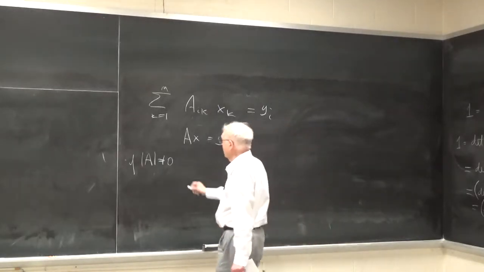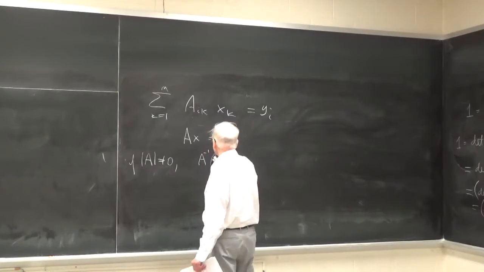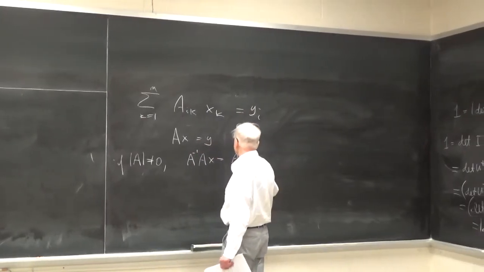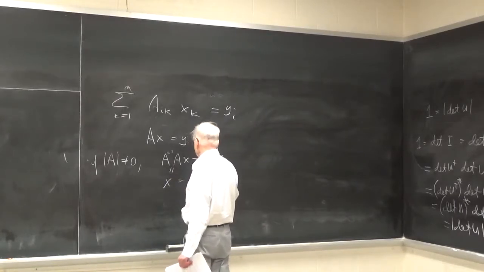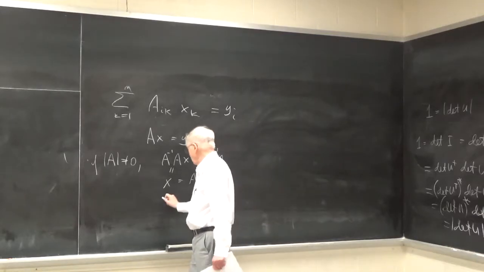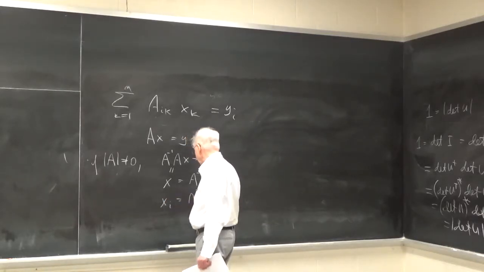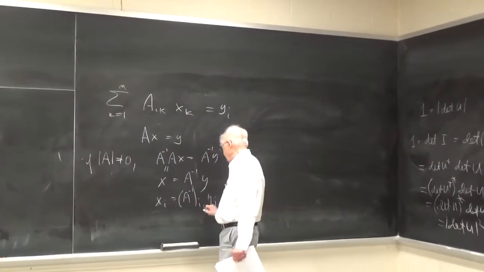Then you multiply by the inverse, and you get A inverse A x equals A inverse y, but this is just x, so the solution is x equals A inverse y, or x_i equals the sum of A inverse_ij y_j.